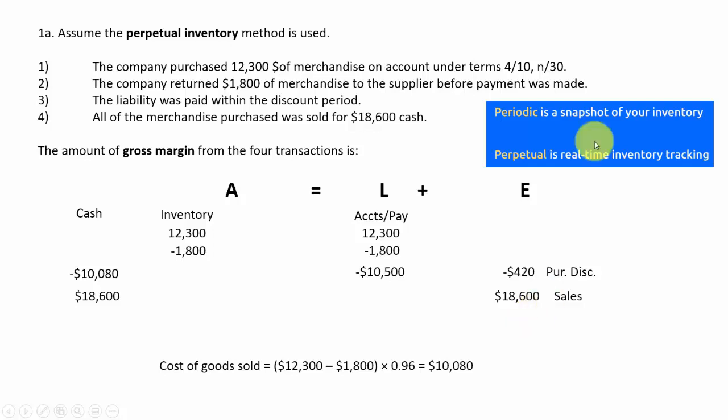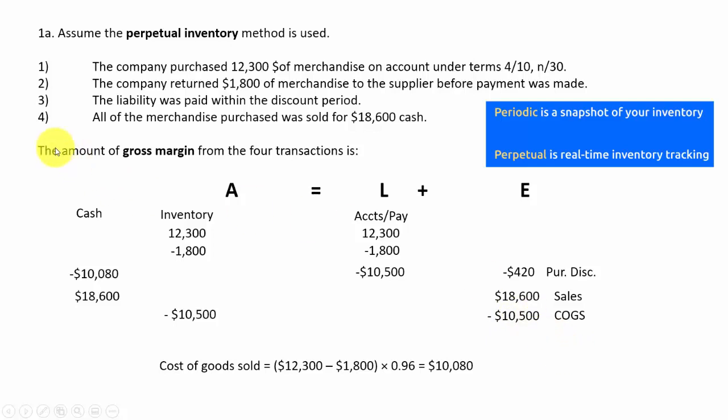And like I said, since we're under a perpetual inventory system, we're not only going to record the retail side of the sale, which is what the customer sees, but we're also going to take this sale out of inventory. So we're going to reduce the inventory by $10,500, and we're going to show a $10,500 reduction right here for cost of goods sold.